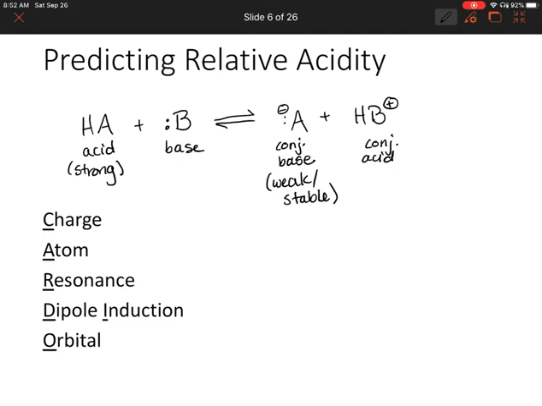Now, there are various things that can stabilize a conjugate base. So down below, you'll see I have a few things listed: charge, atom, resonance, dipole induction, and orbital. So looking at all of the underlined letters, we see that this spells out cardio.